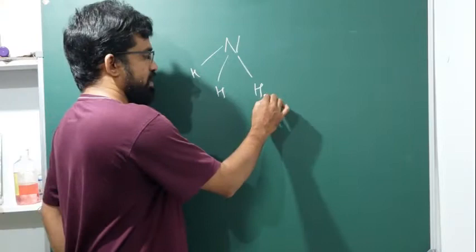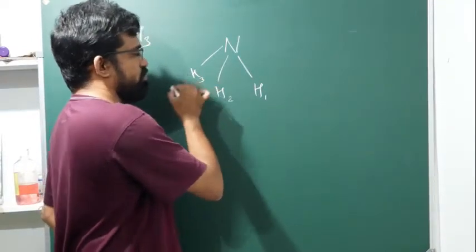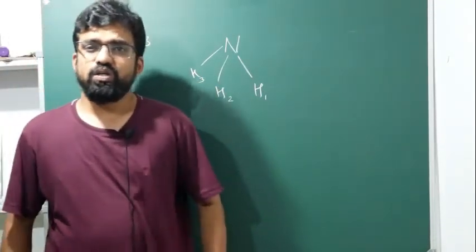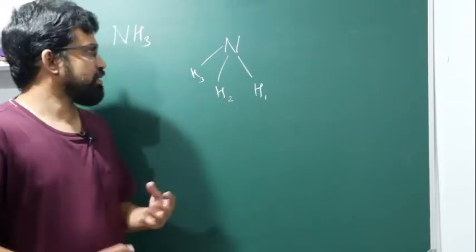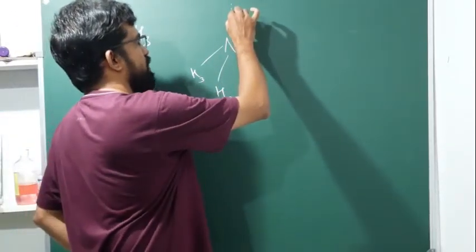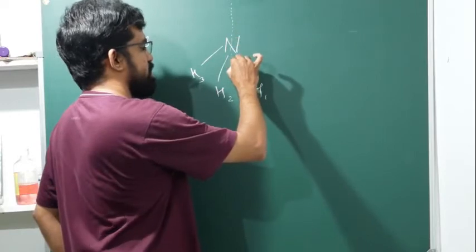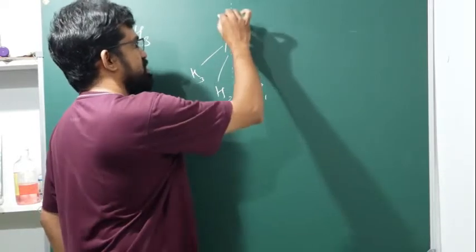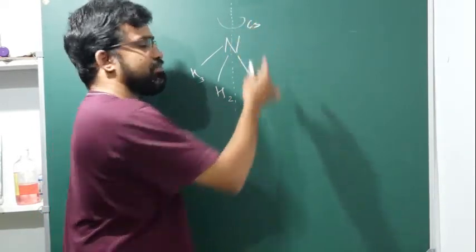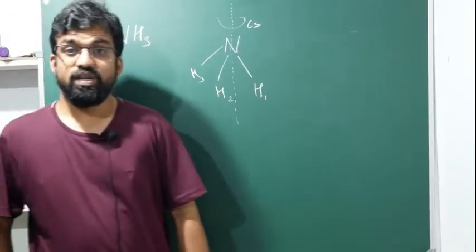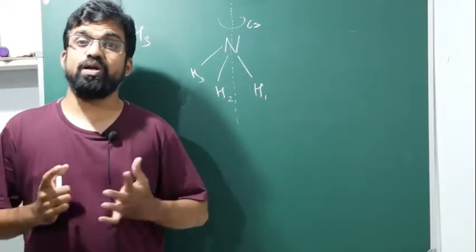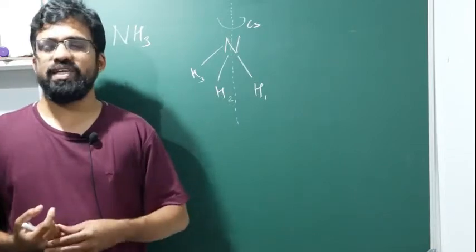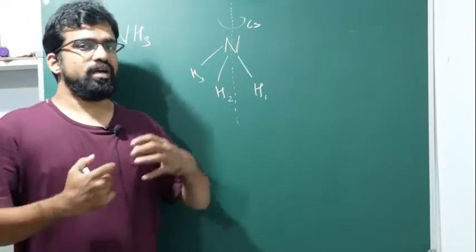I am just denoting H1, H2, H3 for this sake. Here you know that I have shown in the last class it has the C3 axis.